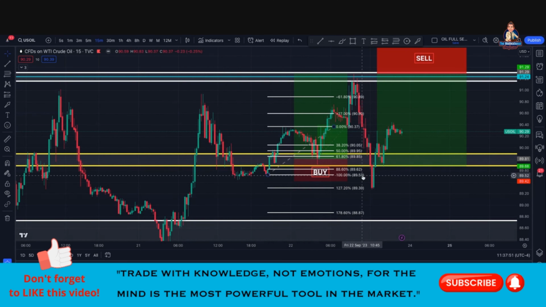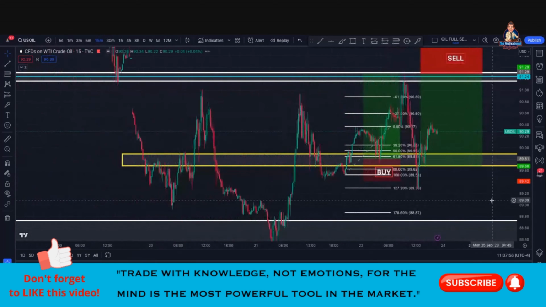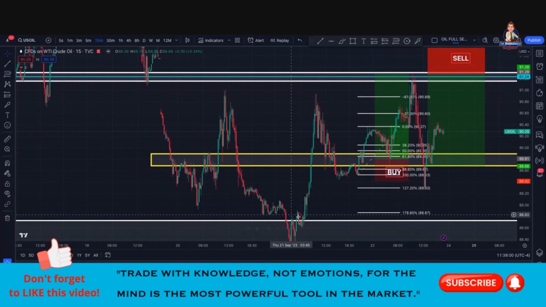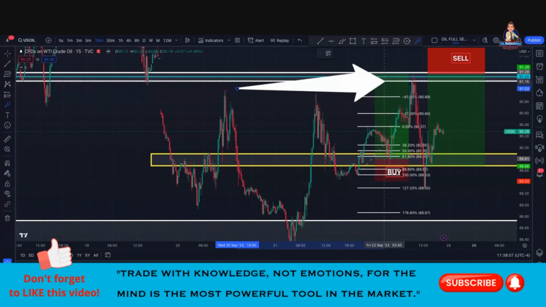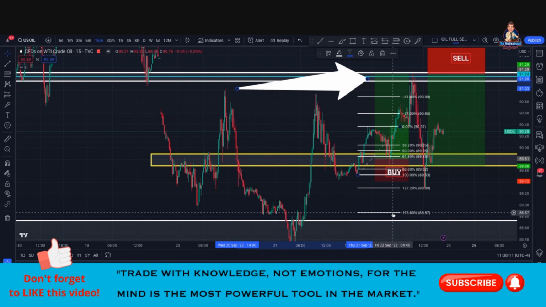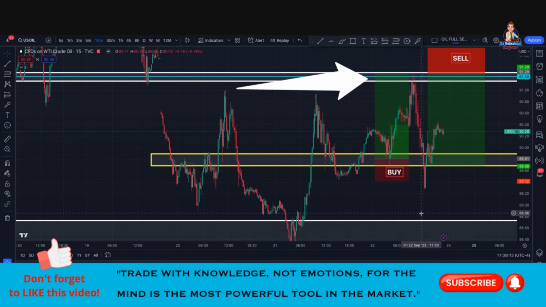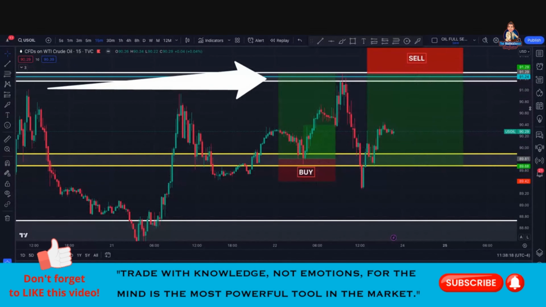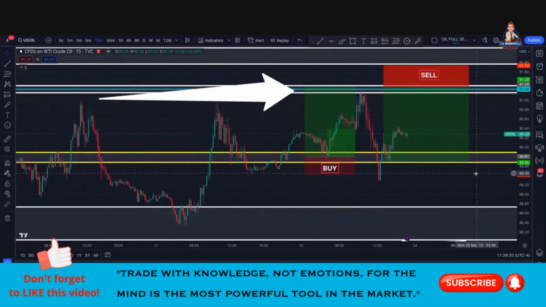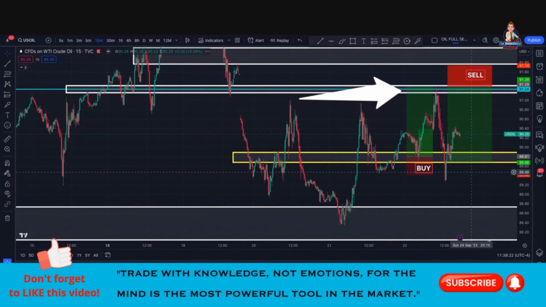Later that morning, we ended up selling. Why did we sell? We came back over here, and let me grab my arrow. We knew that we had levels of support and resistance up at this 91.24 area. I'm going to remove these fib levels. We were sitting there waiting in that area, and we moved our stop loss up to the next zone.